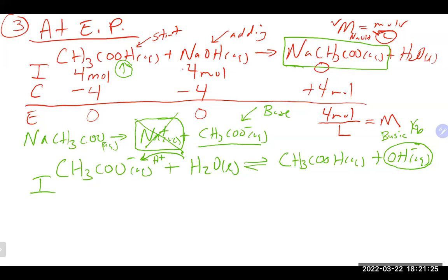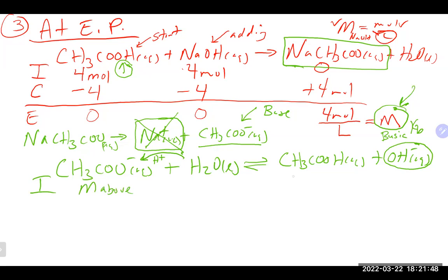This is also why it is a really great idea, and you should always do it, to convert this guy into molarity, because when you do this second table, you need molarity, not moles. So just convert it into molarity up front, and you'll be in good shape. That is actually where our initial concentration will come from. It is the molarity from above. Yeah, it is this guy.